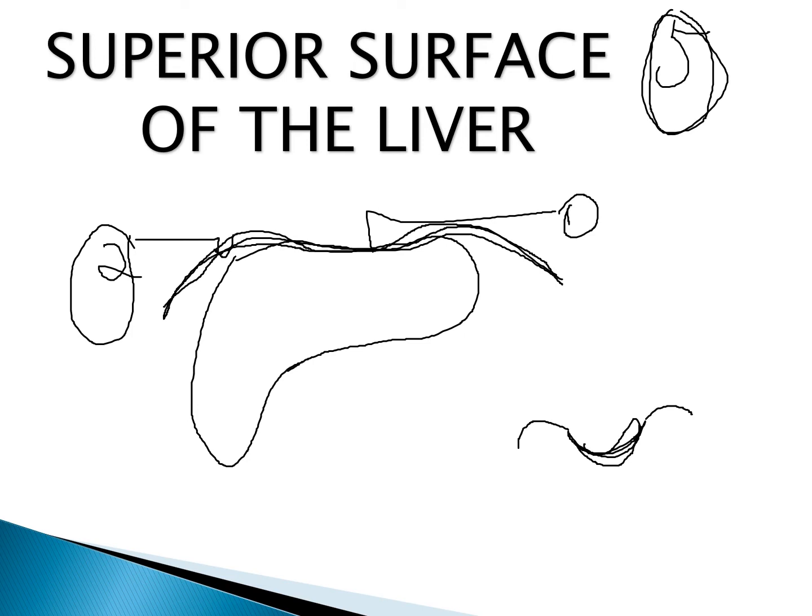So now see what structures are present here. The heart will be present like this, and on the sides it will be covered by the lungs. I think till now nobody should have any problem. If you are talking about the superior surface of the liver, there is a concavity in the middle, and at the sides there are convexities.